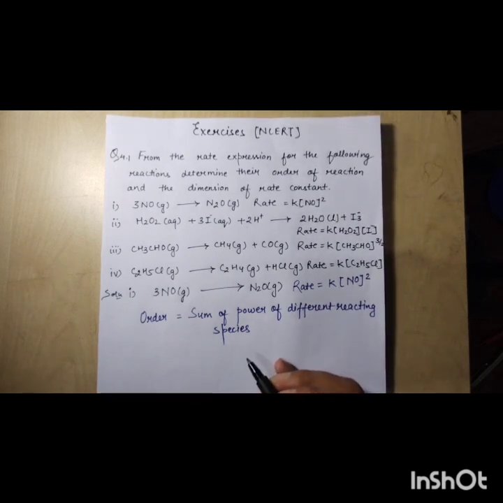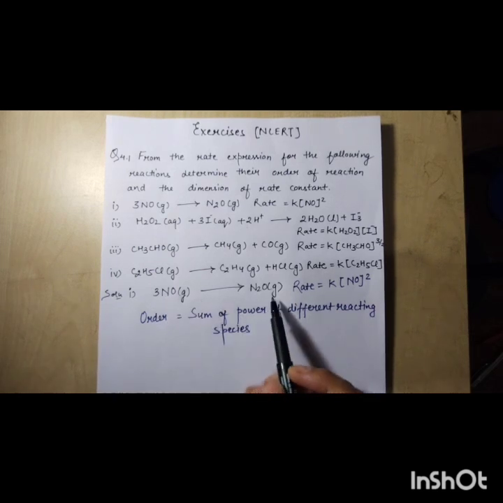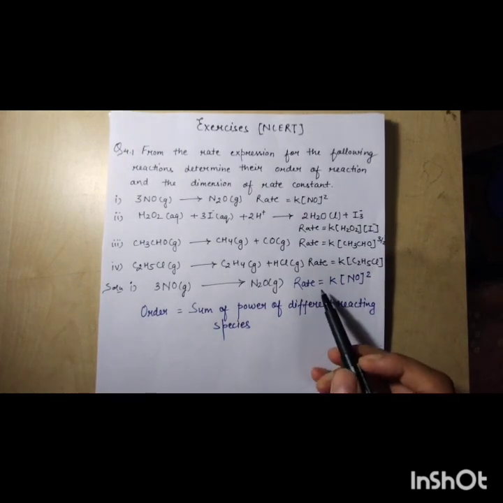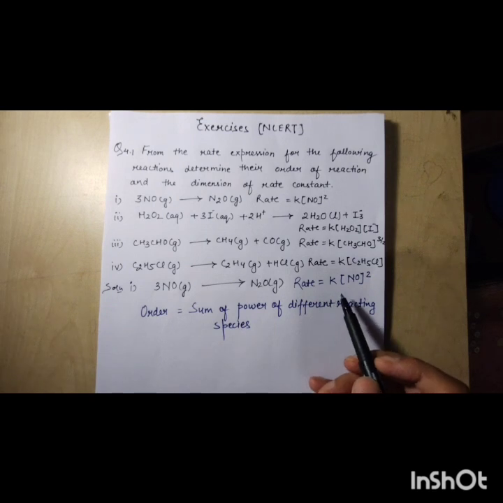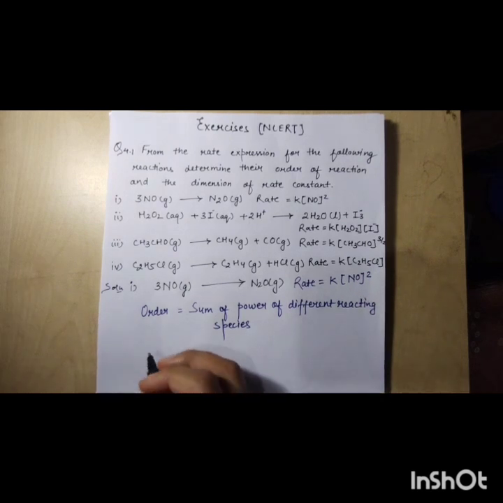So here we see that 3NO reacts to form N2O gas. Here the rate expression is given. So from it we denote the order of reaction by seeing the power of the concentration. Here the power of concentration is 2. So the order will be 2.